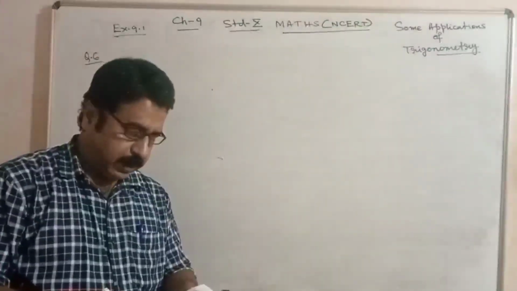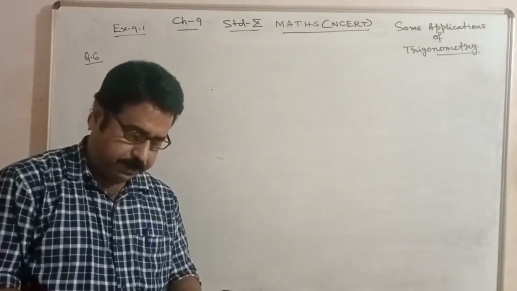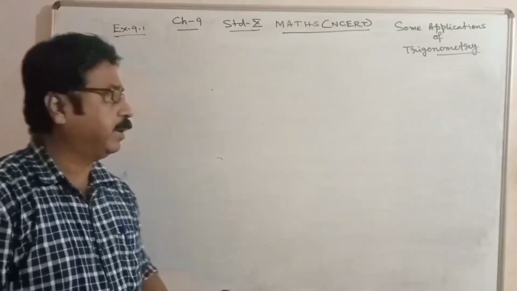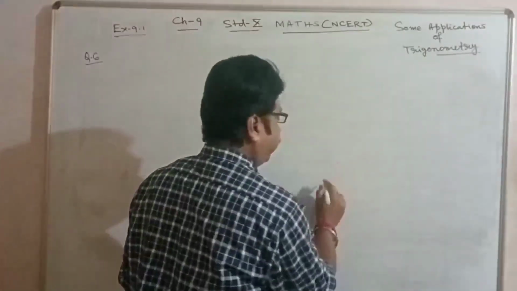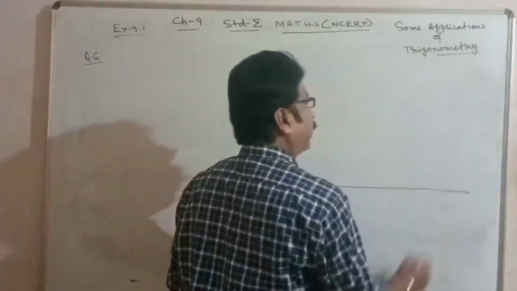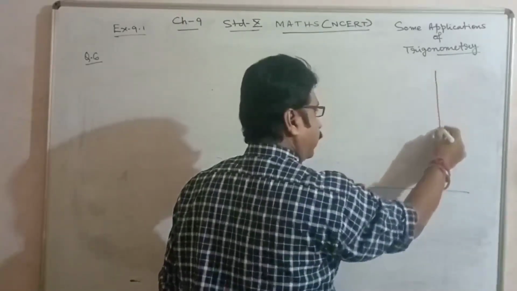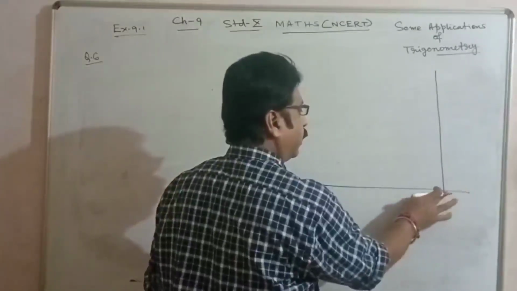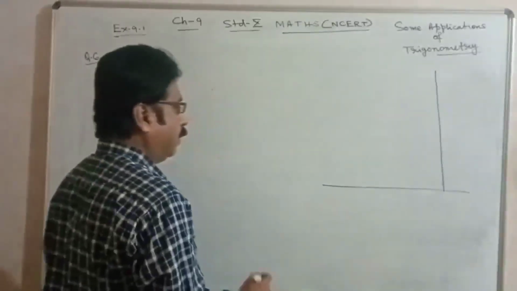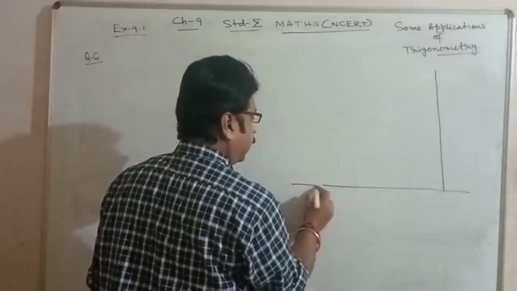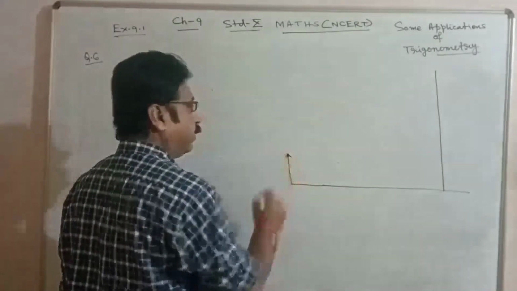A 1.5 meter tall boy is standing at some distance from a 30 meter tall building. Suppose this is the ground level. This is the building. The boy is standing here, suppose.